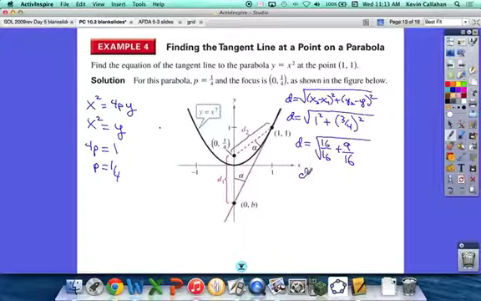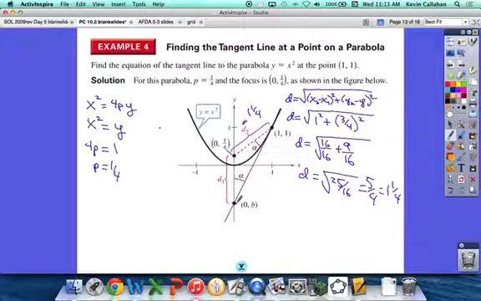So this is the square root of 25 over 16, which is 5/4. Also known as 1 1/4. So that tells us this distance right here is 1 1/4. So this distance here has to be 1 1/4.